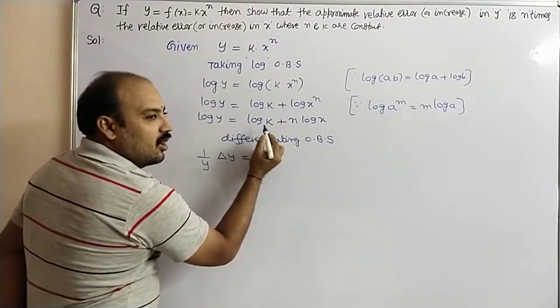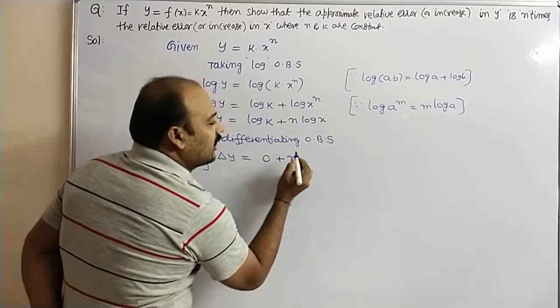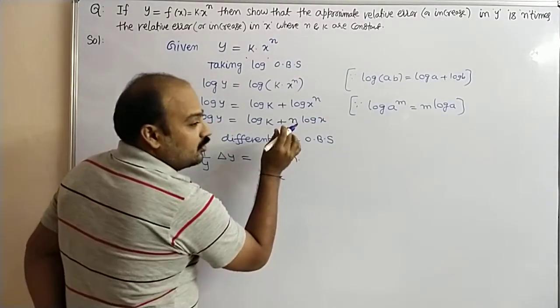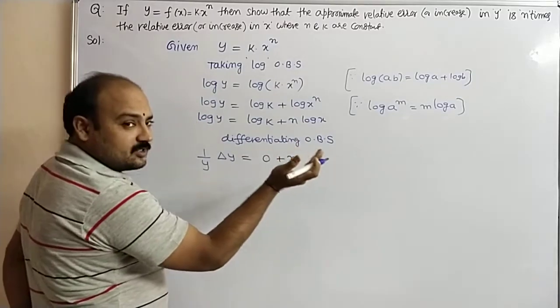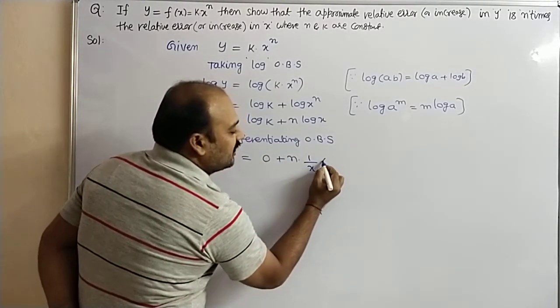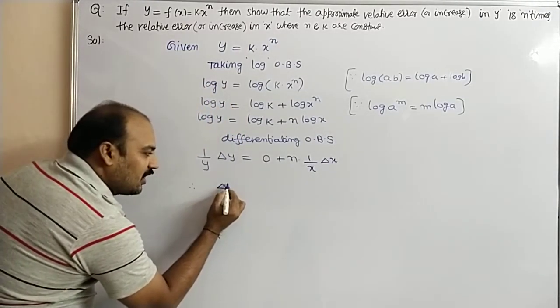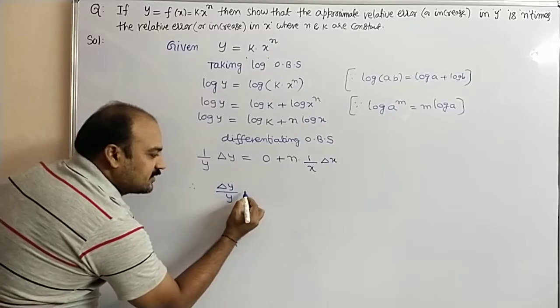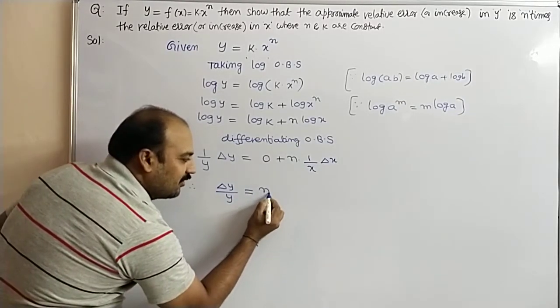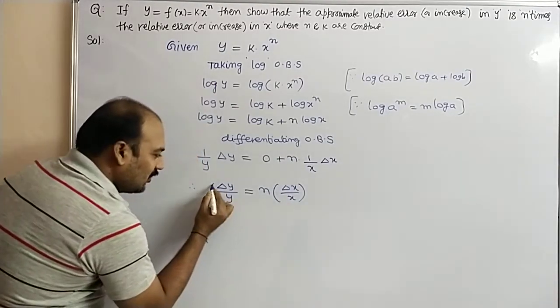So log k constant derivative is 0, plus n is also constant, we can take outside, and the function is there. Constant into function, first the constant we can take outside. Log x derivative is 1 by x, again x derivative is delta x. Therefore delta y by y is equal to n times of delta x by x. That only they are asking now.